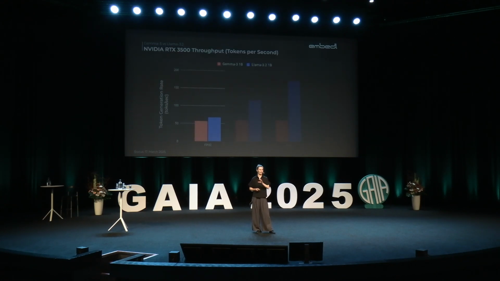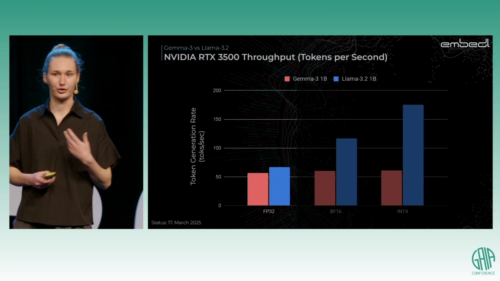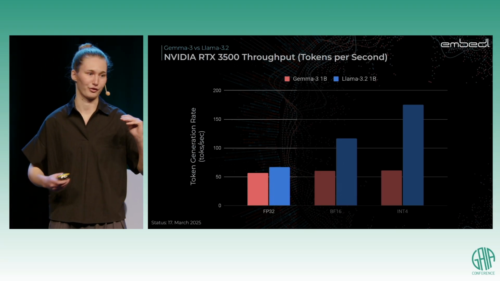This is just a laptop GPU, since we did those experiments just a couple of days after the Gemma 3 was released. But just taking those two models and running them on this GPU, we see that running them in FP32, in full precision, they roughly get the same latency, or in this case, we say token generation rate, how fast the models can produce tokens per second, and a higher number is of course better.